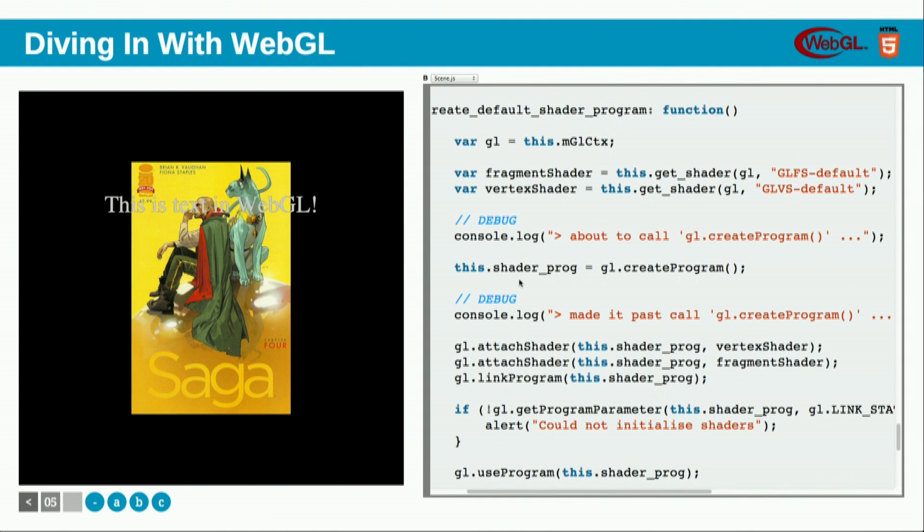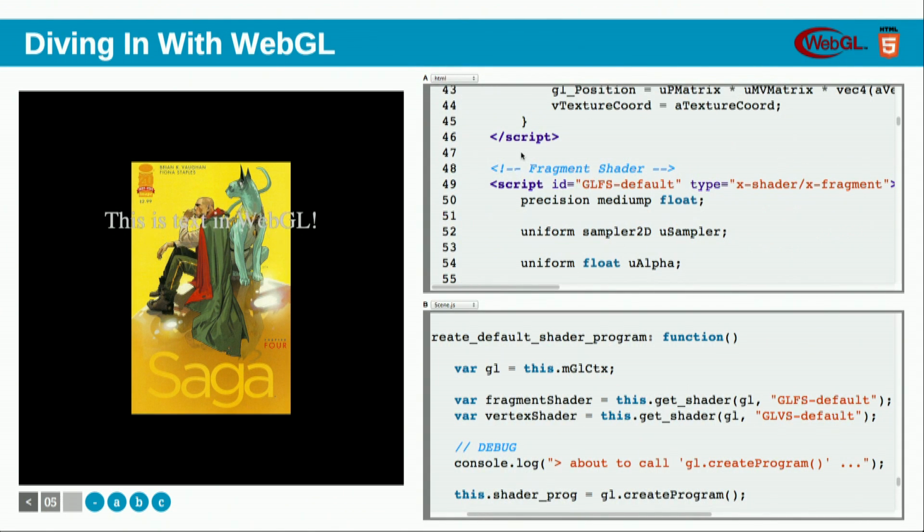So, yeah? It's not a GLFS default? What's that about? Oh, sorry. No, it's just my default shaders, and this is a GL fragment shader and a GL vertex shader. They're actually better named in other people's code, where they'll usually be called fragment shader and vertex shader. But those are the things that we were just looking at.